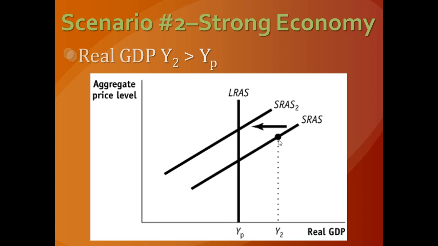And with an increase in the need for labor and an increase in production costs caused by a rise in wages, we would see a drop in profit per unit. We would see short-run aggregate supply shift to the left, and we would see actual output begin to drift closer and closer to potential output until the point at which the short-run aggregate supply curve intersected the long-run aggregate supply curve at the point where actual output equaled potential.